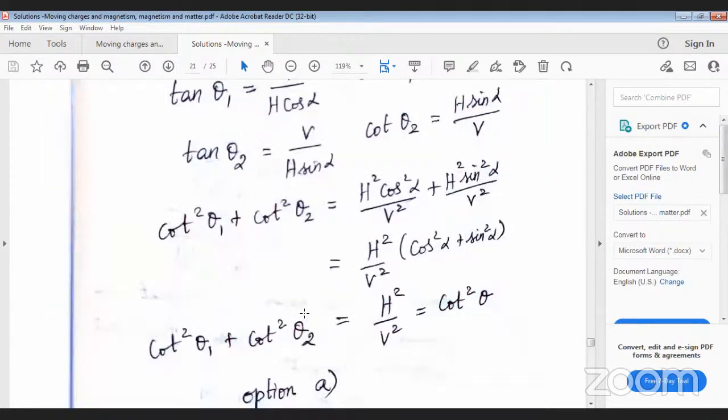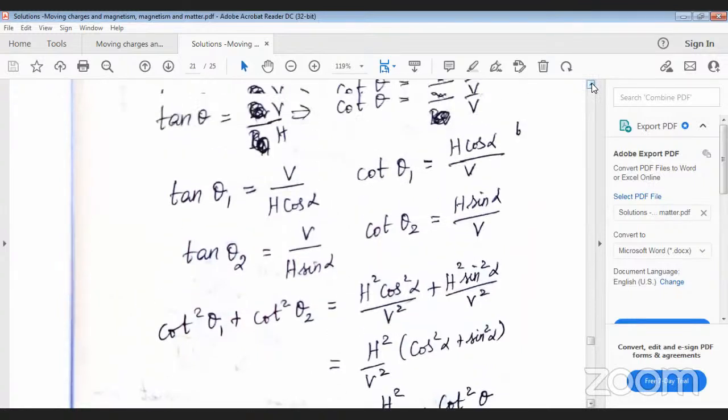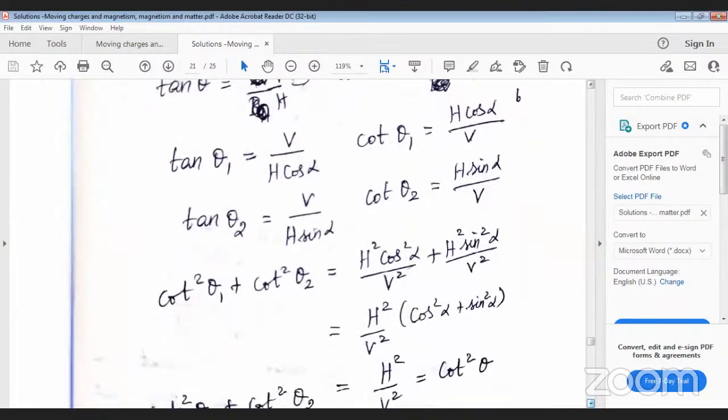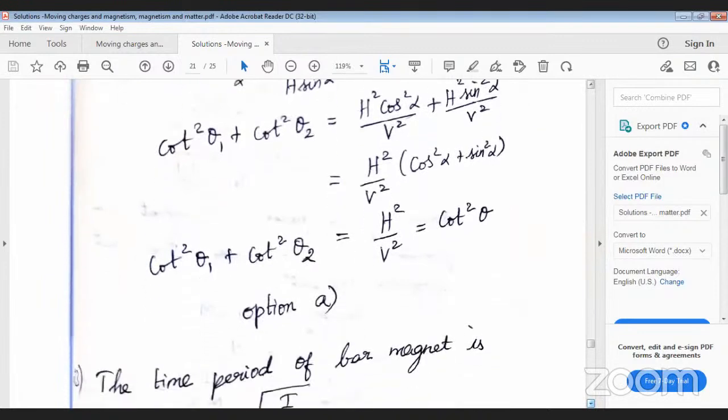So cot squared theta 1 plus cot squared theta 2 equals H squared by V squared ultimately, and H squared by V squared is nothing but cot squared theta from this equation. So this is cot squared theta and it is option B.